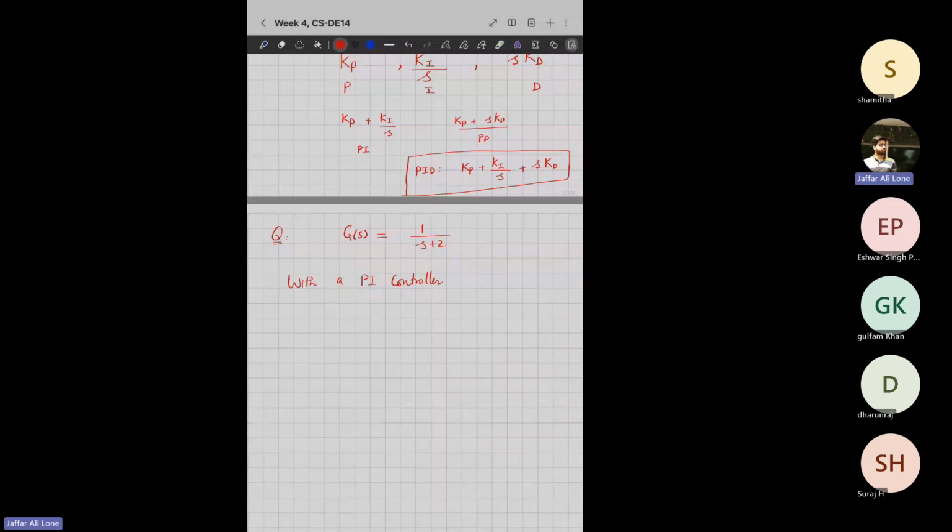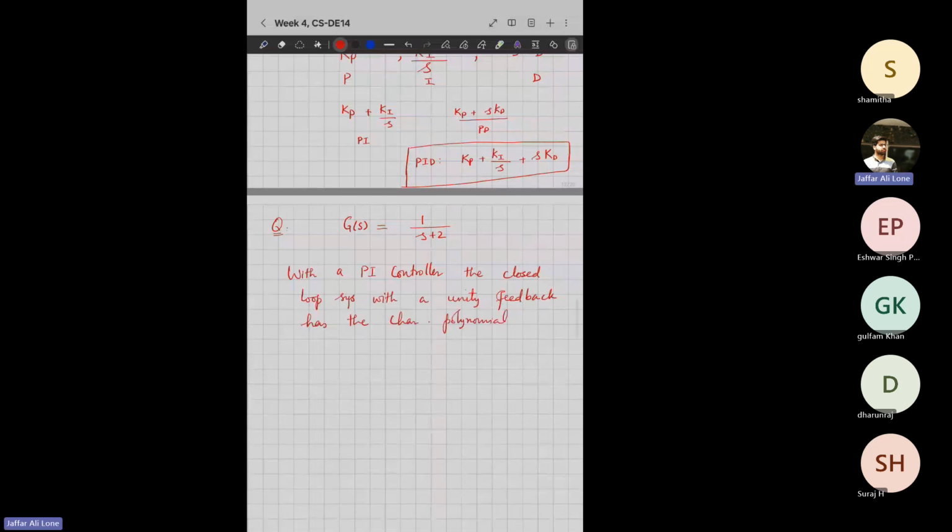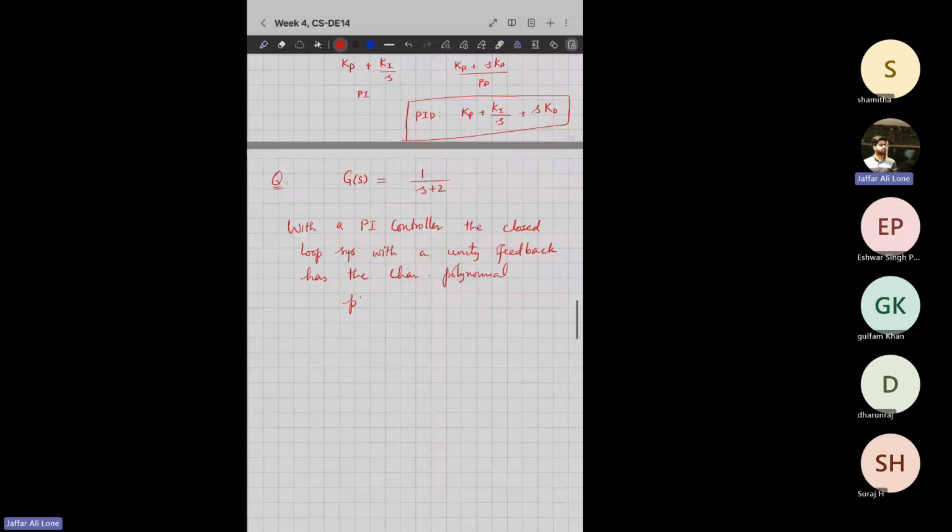With a PI controller, the closed loop system with a unity feedback has the characteristic polynomial P(s) given as S square plus 3S plus 4.